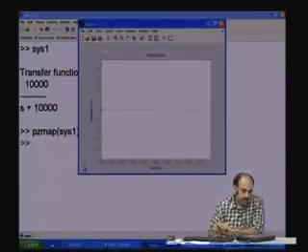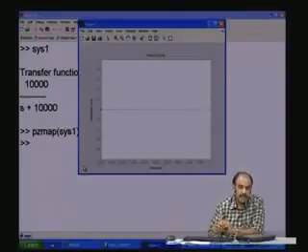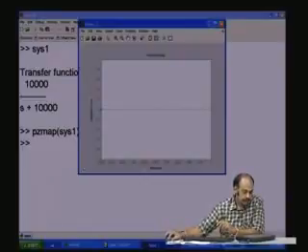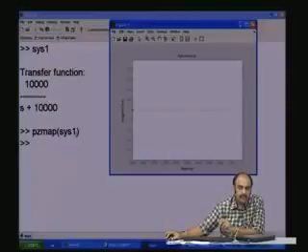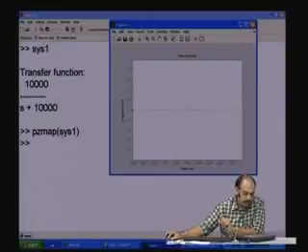You see that in the earlier session when we did the pole zero map, we had given the state equation as the input, the A, B, C, D. But if you have the transfer function model, you can give the transfer function model also. So, sys 1 is the transfer function model. We are given the pole zero map of the transfer function model. So, you see here there is one pole at minus 10,000, which is minus 1 by RC, and no zeros.